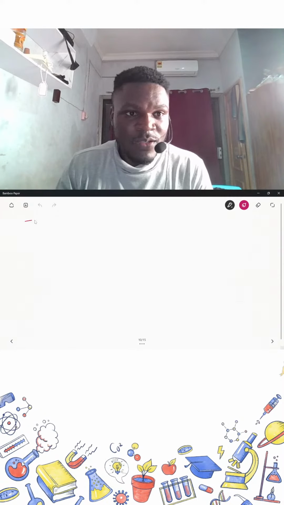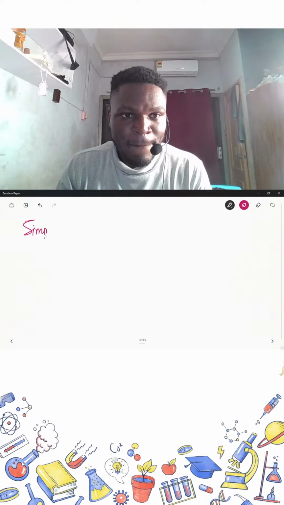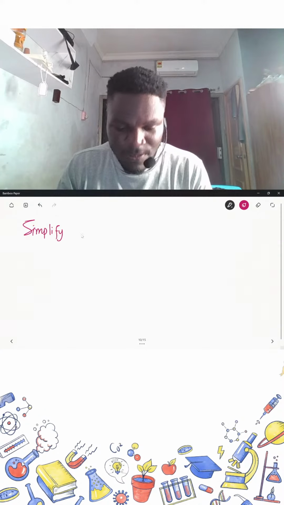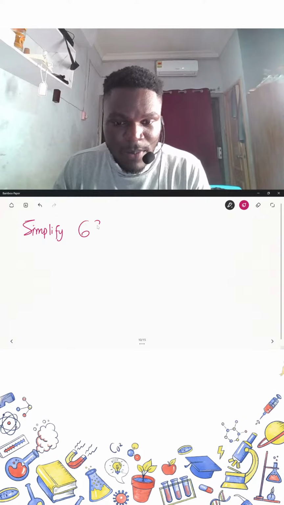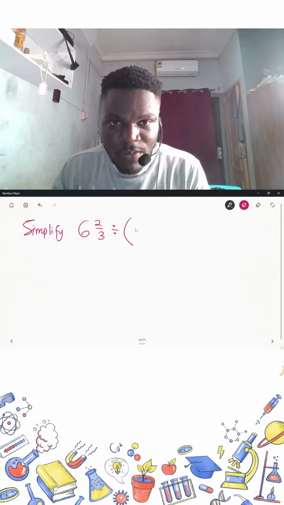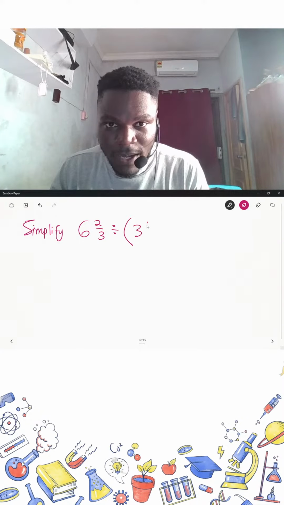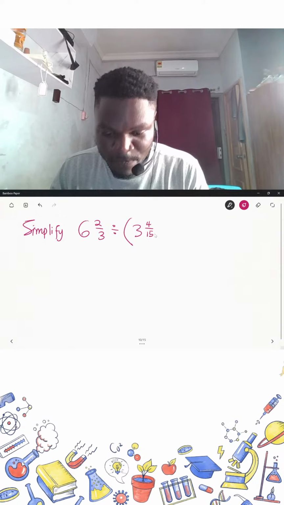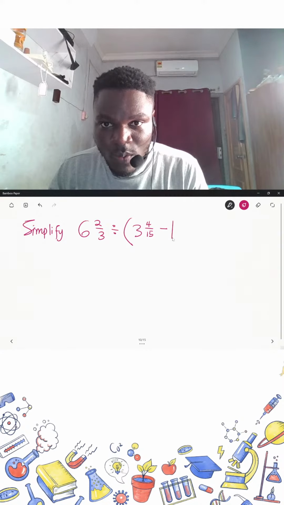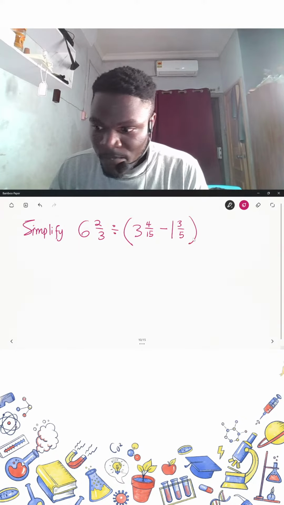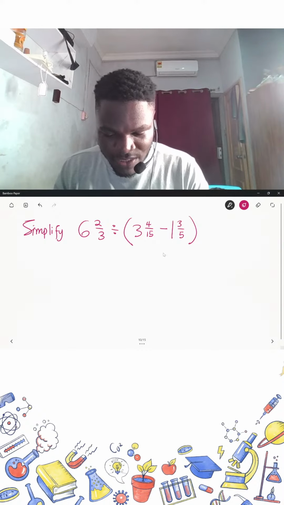Are you okay? So simplify 6 whole number 2/3 divided by, in brackets, 3 whole number 4/15 minus 1 whole number 3/5. Okay, simple algebraic expression.